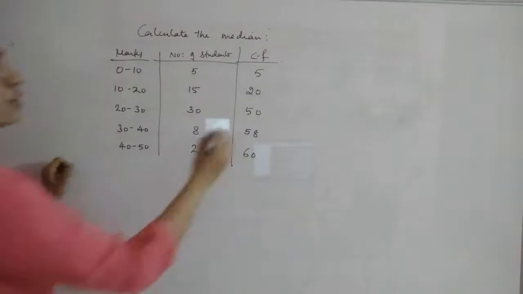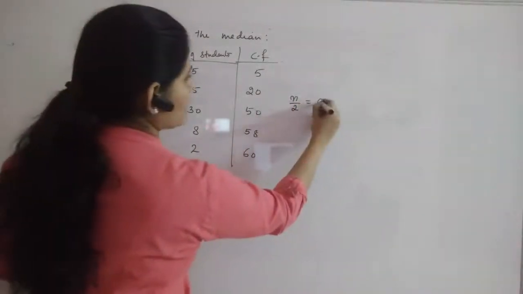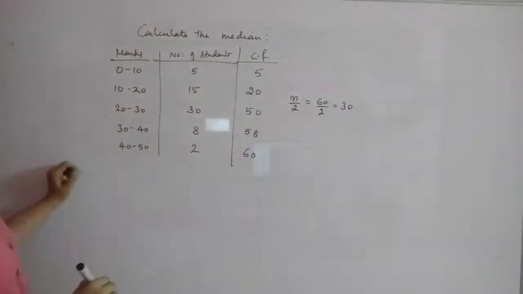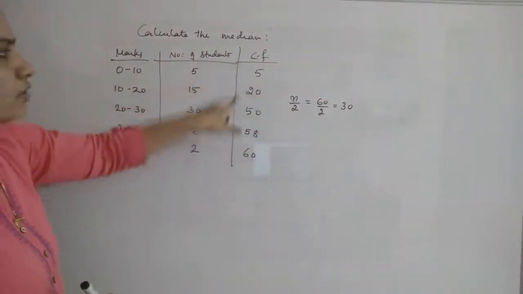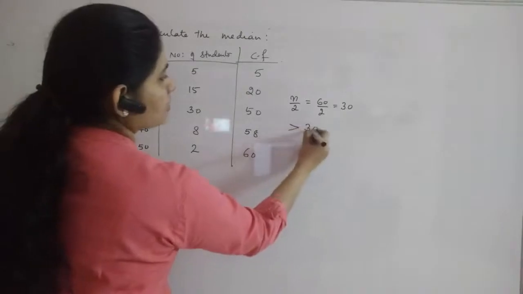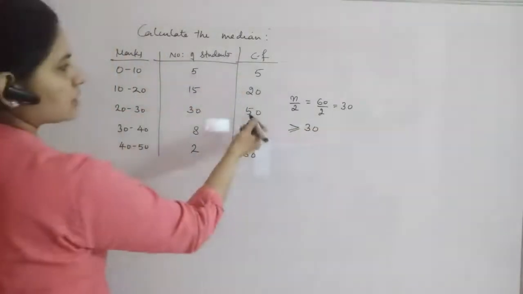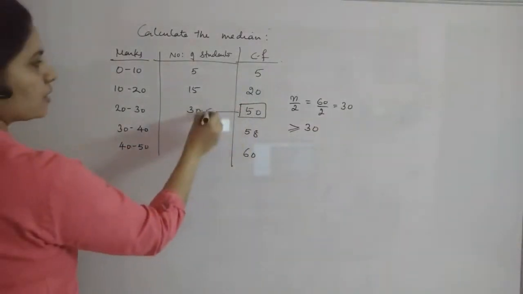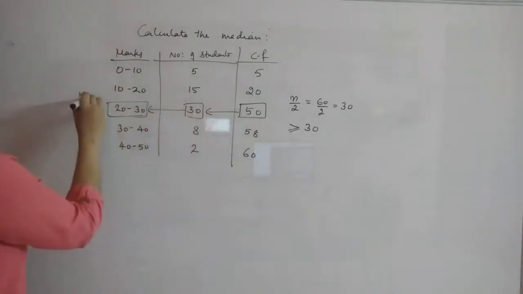Now you have to calculate what is n by 2. n by 2 will be 60 by 2, which is 30. Now after getting that value, you have to search in the cumulative frequency for the value greater than or equal to 30. You don't have any 30, so it is greater than 30, and you will get this cumulative frequency. So correspondingly you will go here, and this will give you your median class.